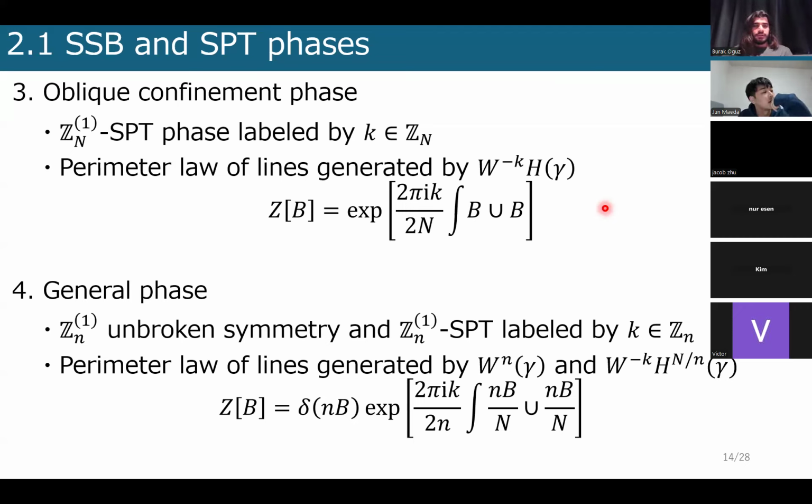Yeah, I think so. But usually, when we consider such things, we do not use the symmetry TFT. In such a case, we consider only the d-dimensional theory and stack some TQFT and gauge. So maybe it is related, but I'm not sure about the exact relation. Some people regard SymTFT as gauging the symmetry on codimension one.